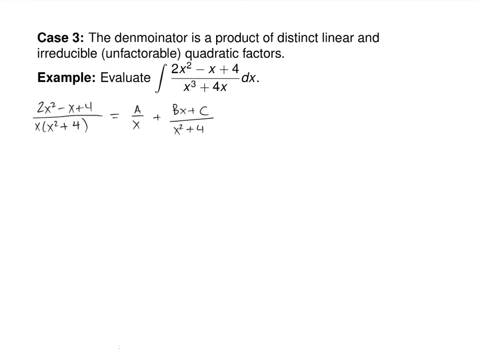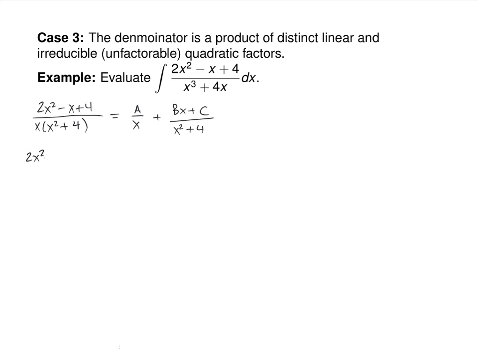So whenever you have a quadratic, you put a linear function above it, and whenever you have a linear function, you put a constant above it. That's the general pattern, and a linear function does include two things.